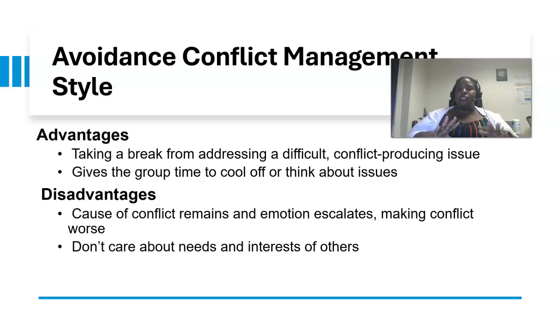It just might be avoidance temporarily until cooler heads prevail. But if the cause of the conflict remains, emotion escalates, it might make the conflict even worse. So avoid avoidance if possible. And because no one addresses the issues, then it gives the impression that the concerns are not being heard or met.